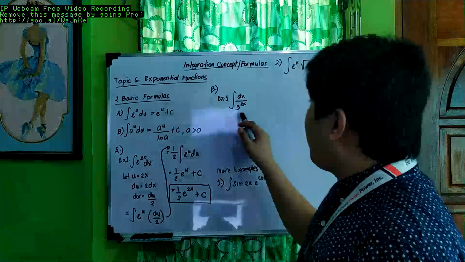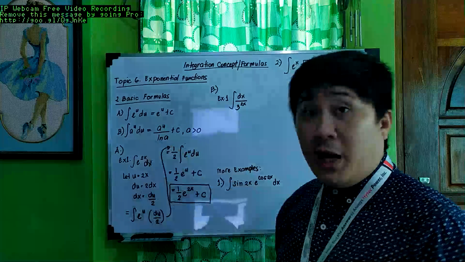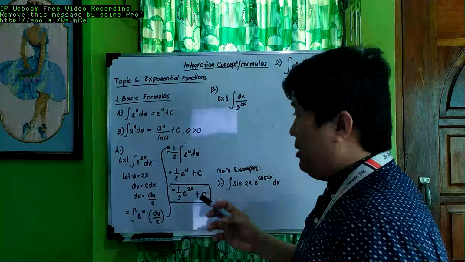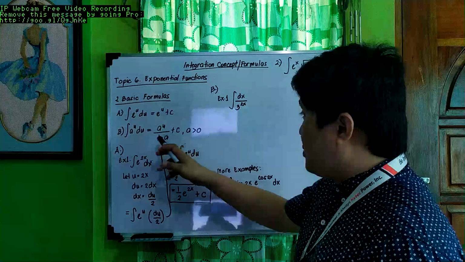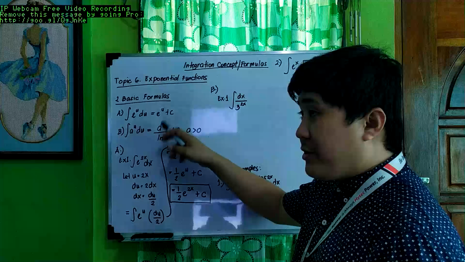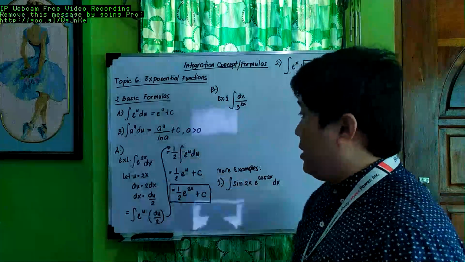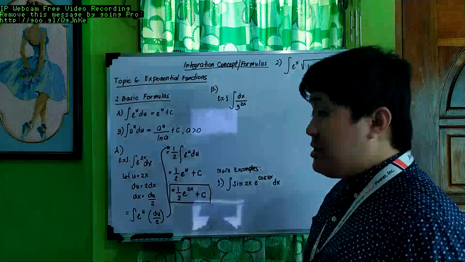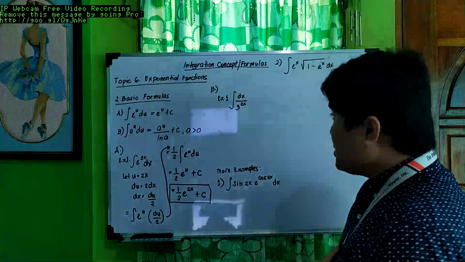The second basic formula states that a constant a raised to the power of a variable u, times du, will give you a result of the constant raised to the power of u over the logarithm of that constant, plus c, where a is a constant value and a is greater than 0. So let's try.